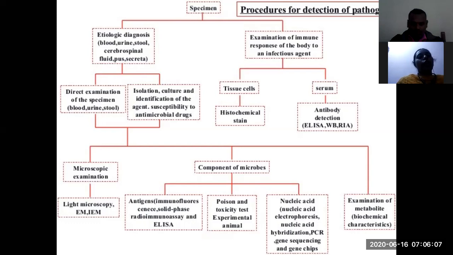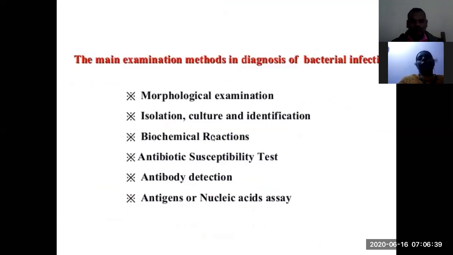Then they will undergo microscopic examination, antigen antibody reaction, biochemical tests, toxin production, then DNA tests. So with this many assays they can confirm the bacterial infection. Let us see it clearly. Next, we have studied the flowchart.